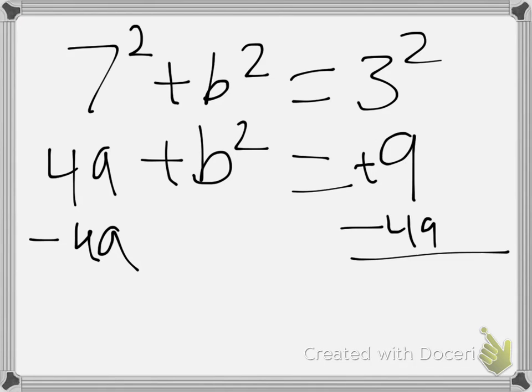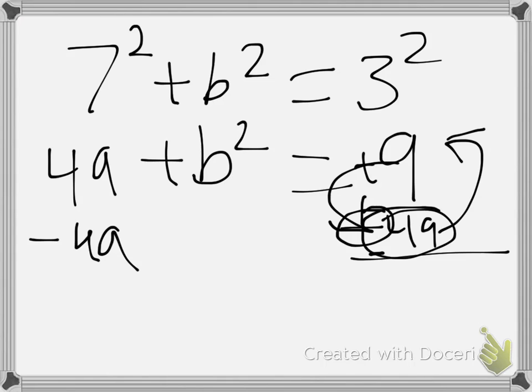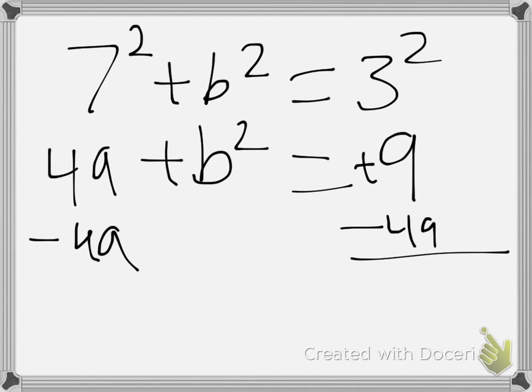The problem is, in the end, you're going to have to write down the negative sign, because the bigger number is 49, and 49 is bigger than 9. Just ignore the signs for now. We'll look at those later.